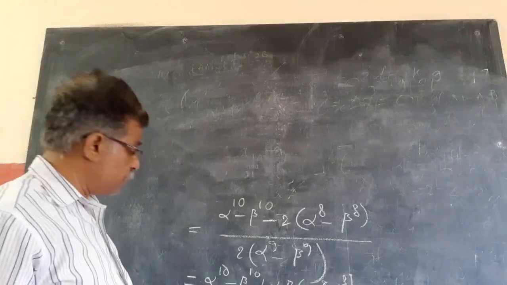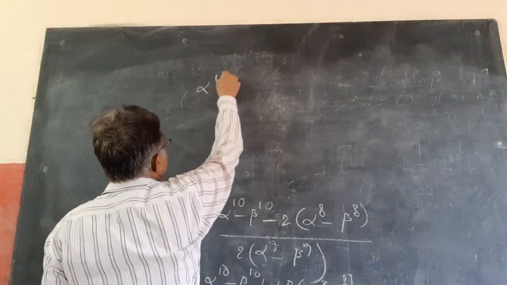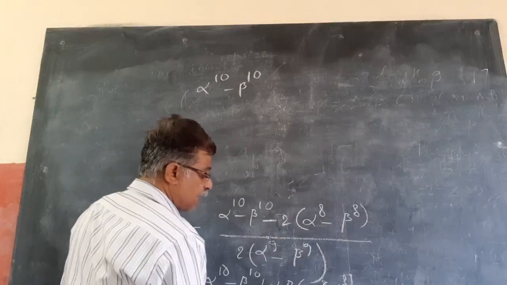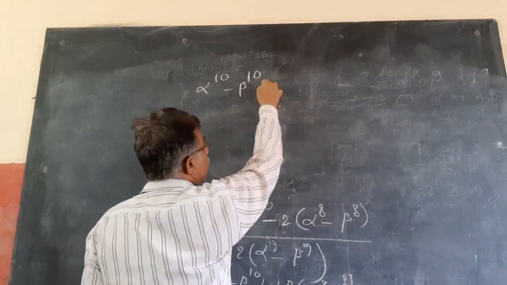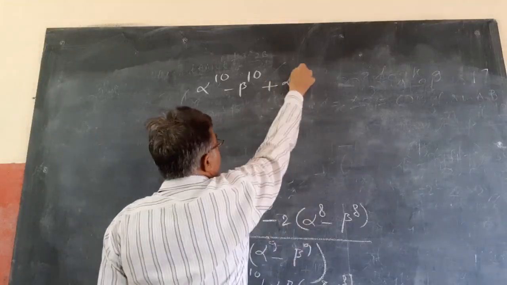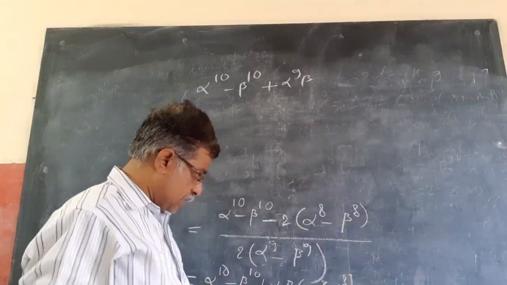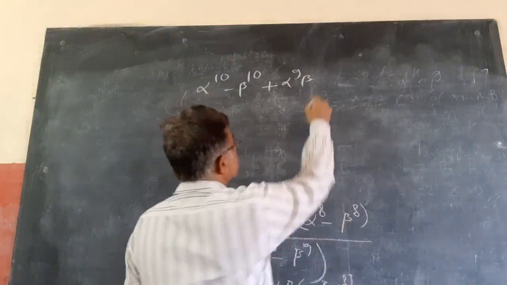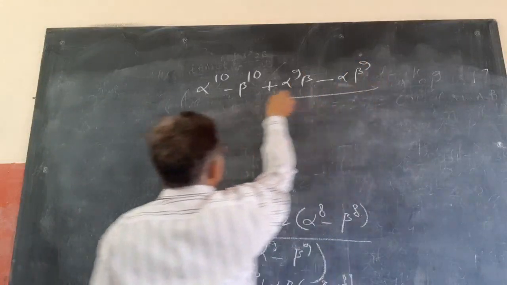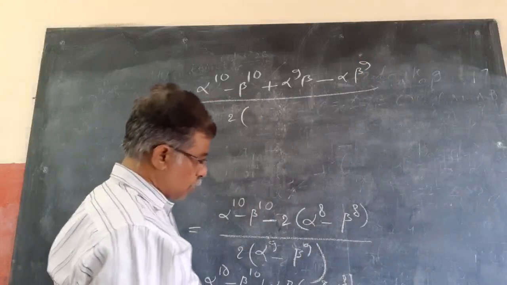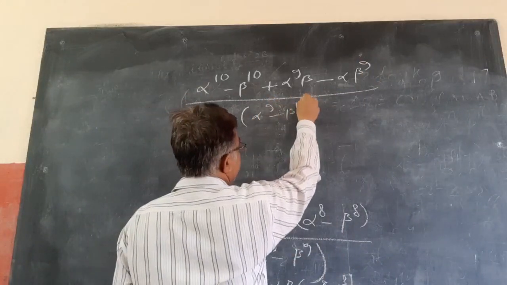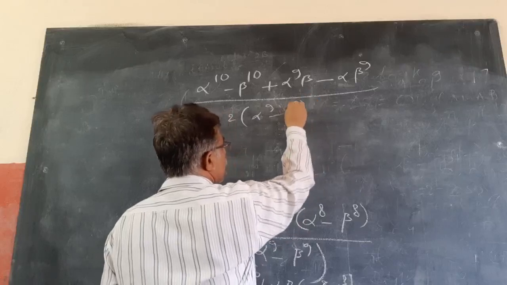Now if I simplify, alpha power 10 minus beta power 10, I will open this bracket. Alpha beta into alpha power 8 becomes alpha power 9 beta. Next, alpha beta into minus beta power 8 gives minus alpha beta power 9, whole by 2 into alpha power 9 minus beta power 9. Till this it is simple.